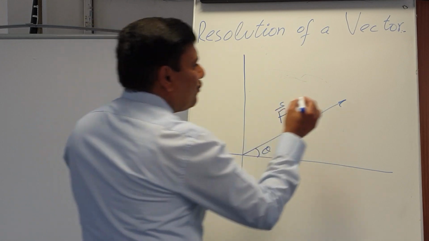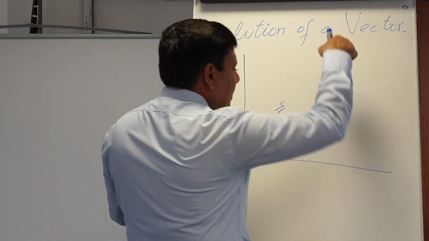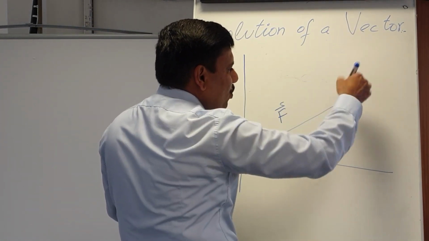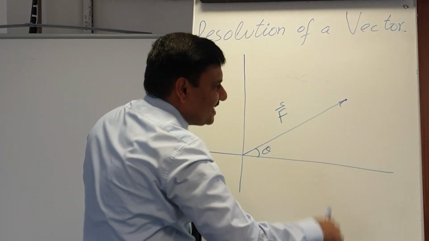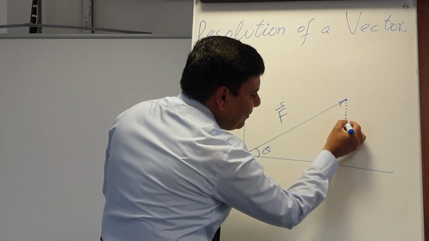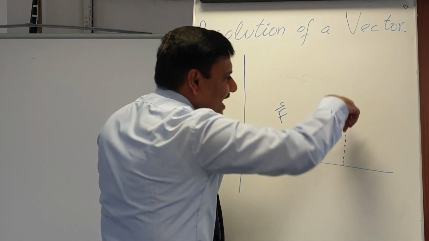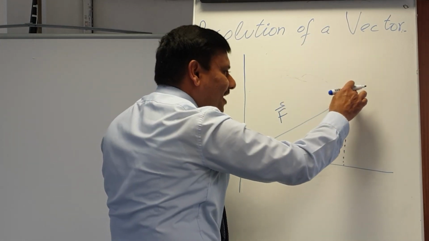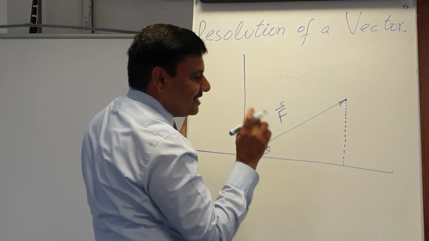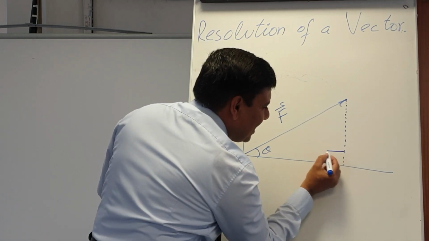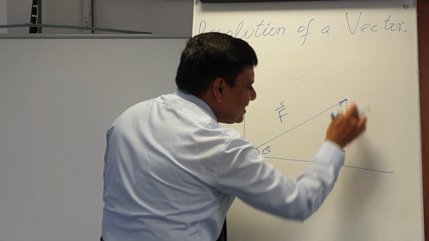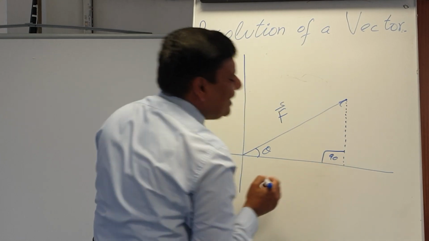For that, we draw a perpendicular from this point over the x-axis. So I am drawing this line, and this line is actually the perpendicular from this point over the x-axis. What does it mean? Perpendicular means this line must have an angle of 90.